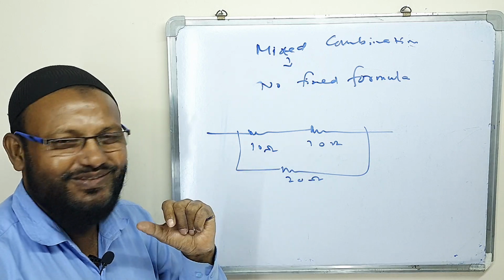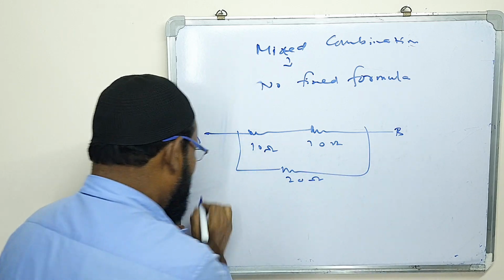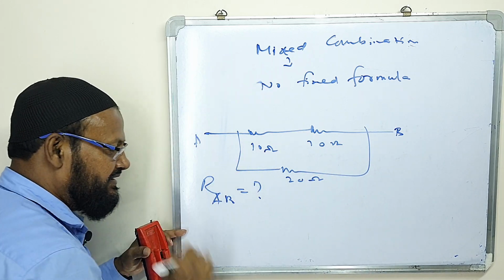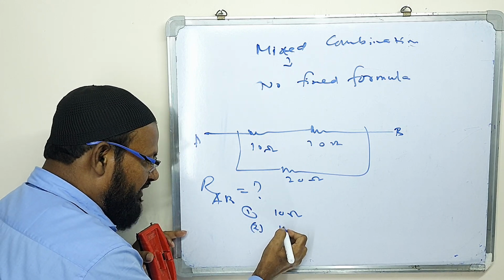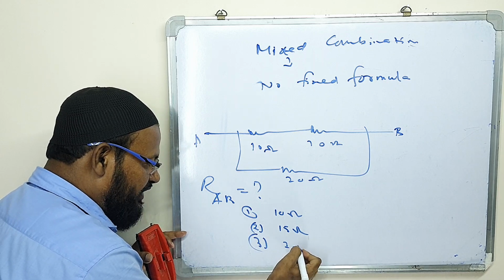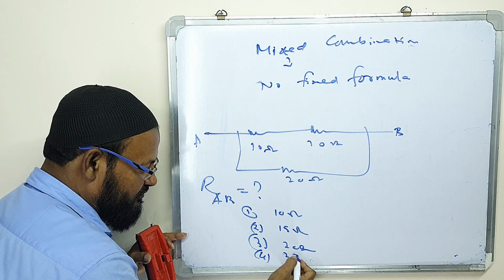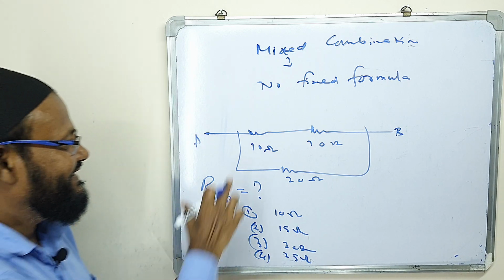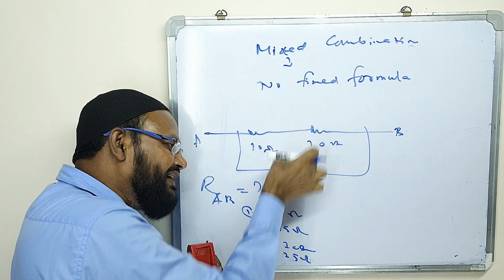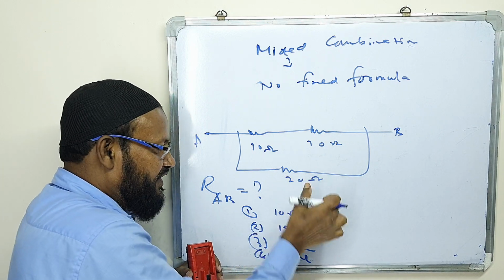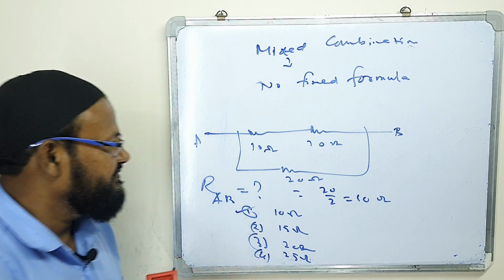The question is the resistance between A and B. These two are in series, so 10 plus 10 is 20, and this 20 and that 20 are in parallel, both the same. The answer is 20 by 2, which is 10 ohm.